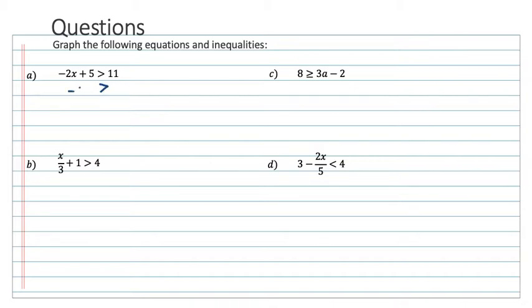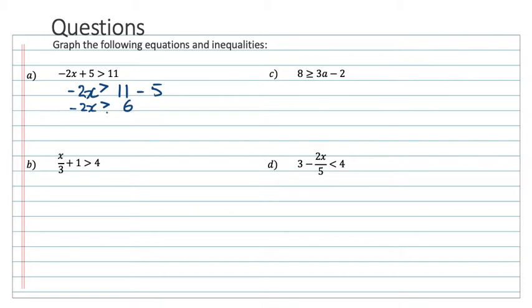So that will be simply negative 2x, and 11 minus 5. I didn't write it down, but I took 5 from both sides of this inequality. Evaluating the expression to the right, I've got 11 minus 5. What's that going to be? Well, that's going to be 6.